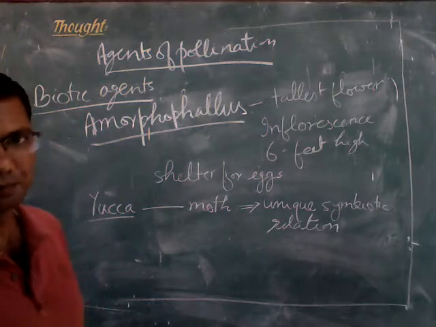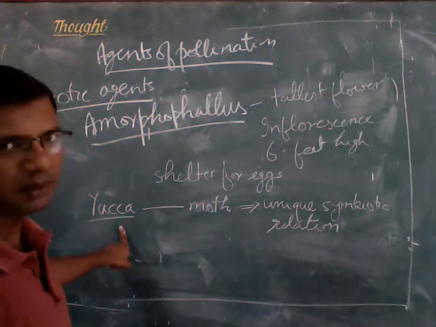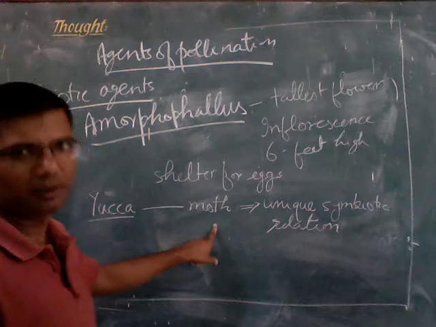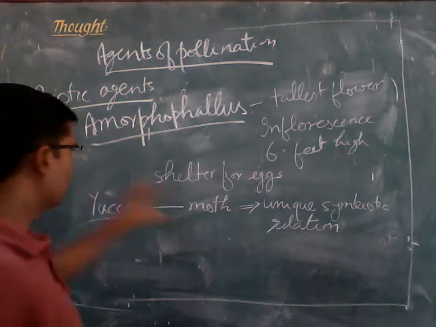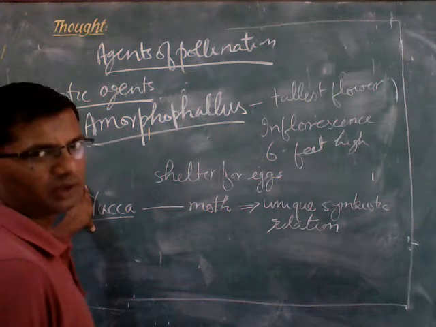That means the plant cannot complete its life cycle without the help of the moth, because it is the only moth which will help the yucca plant to get pollinated.